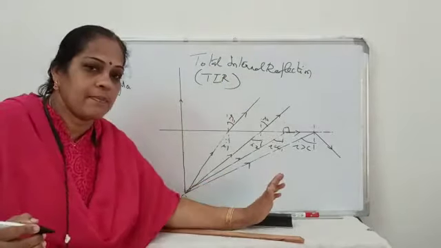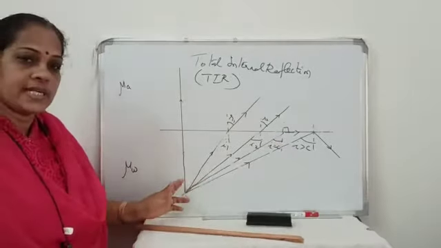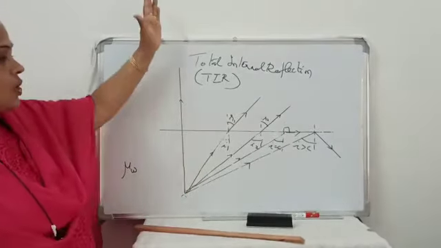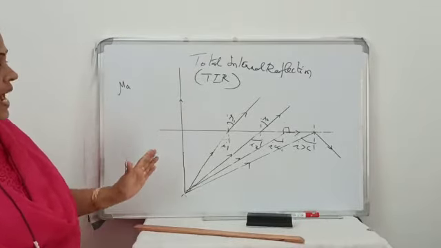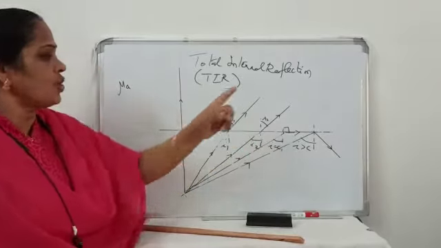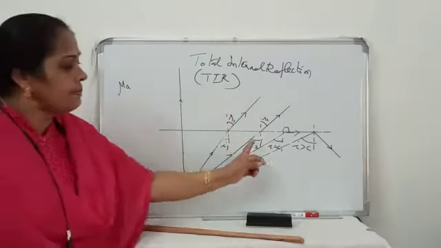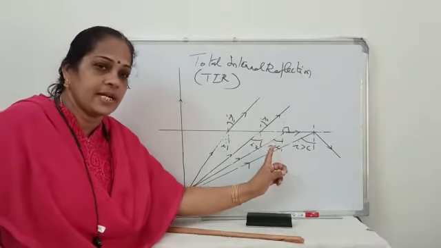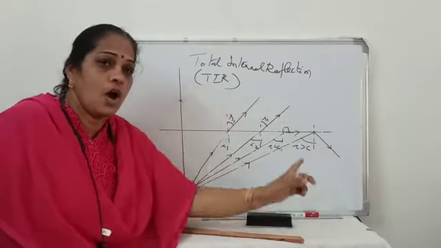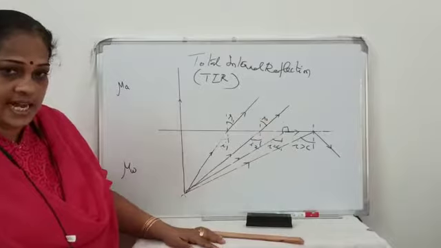So once again I repeat, consider a point object in the denser medium, a ray of light normal to the surface goes without any deviation. As I increase the angle of incidence, the angle of refraction also goes on increasing. At a particular angle of incidence called the critical angle, the refracted ray just grazes the surface, or the angle of refraction is 90.